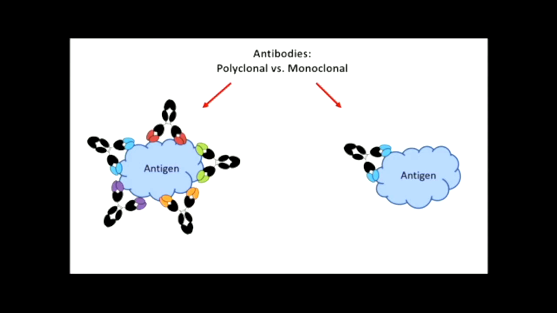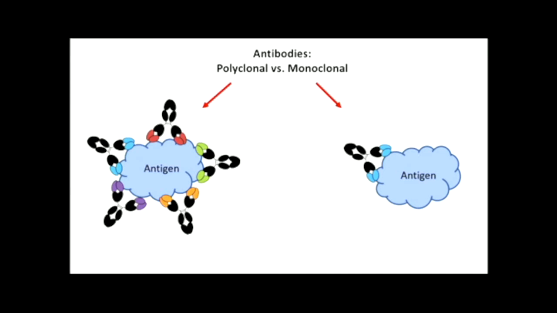And so that brings me to this idea of polyclonal versus monoclonal antibodies. When you're ordering your antibodies, you'll notice that there is a huge price difference in polyclonal versus monoclonal, and that is due to how they're generated. Polyclonal antibodies are all against a specific antigen, but they might match different epitopes of that antigen.